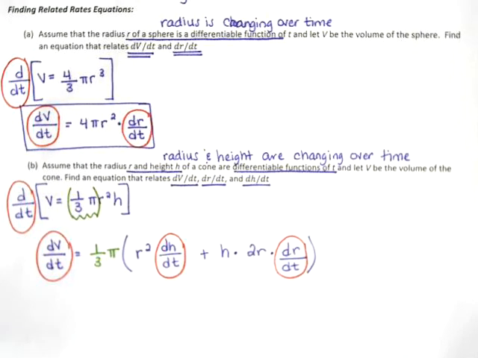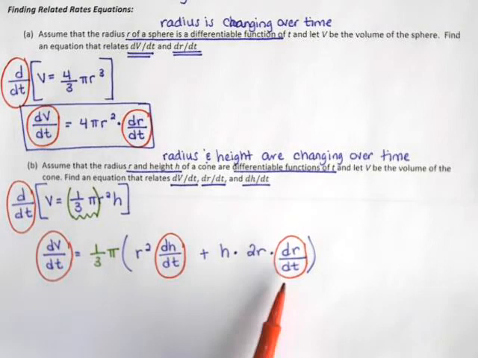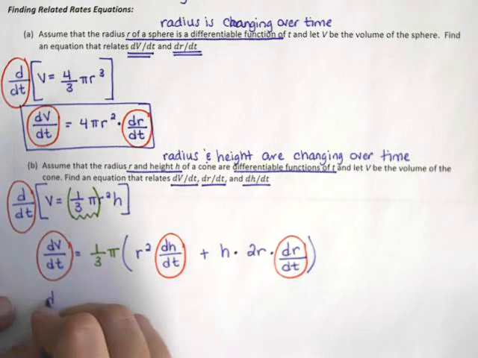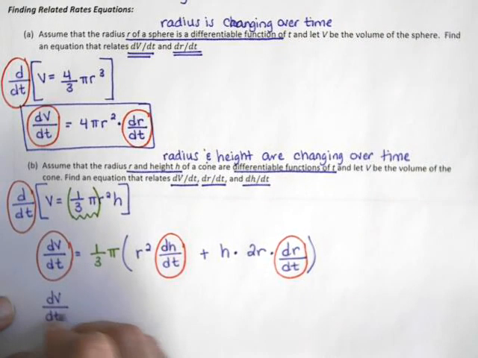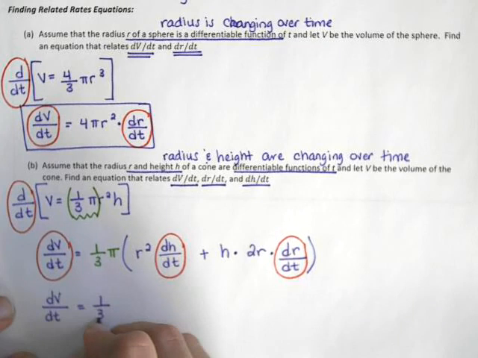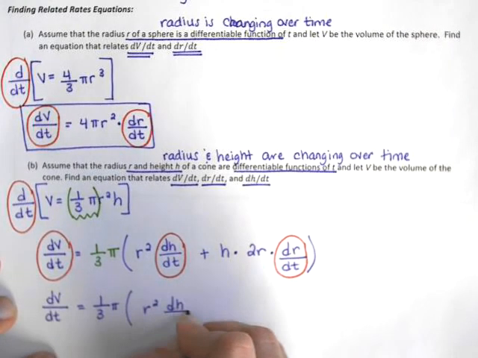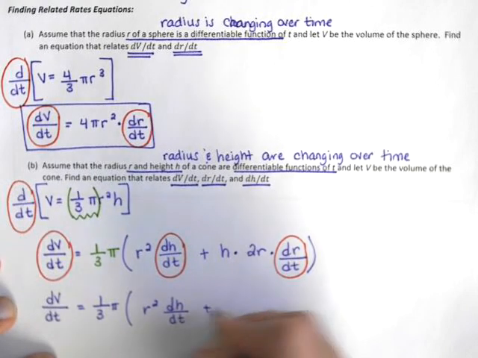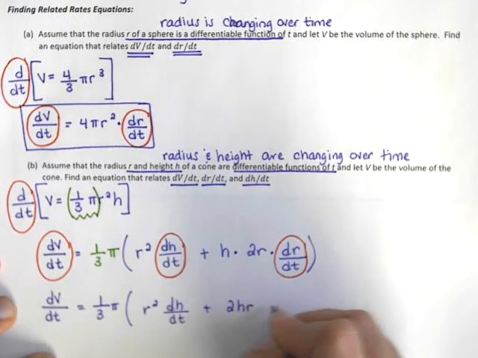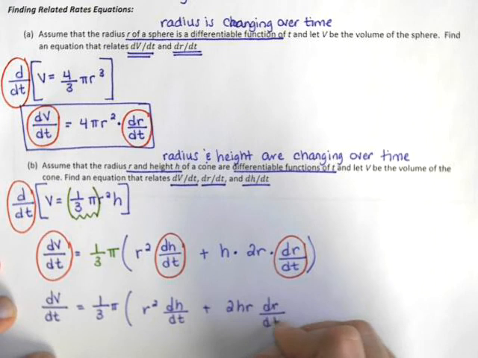So every single time we take a derivative of a variable here, we divide by dt. We have to do that. All right, so if we simplify this just a little bit to make it look nicer, we would have dV/dt equals 1/3 pi times r squared dh/dt plus 2hr dr/dt.